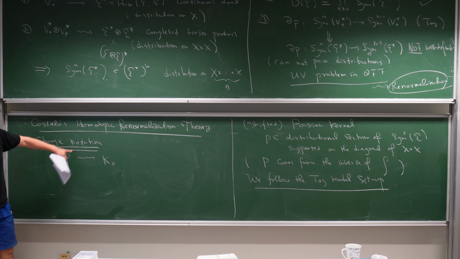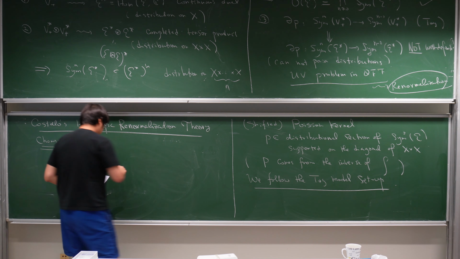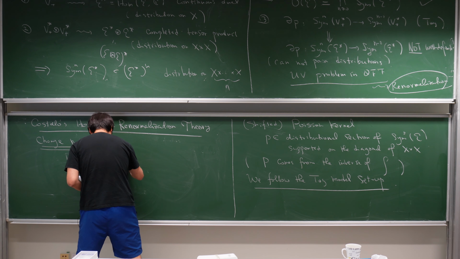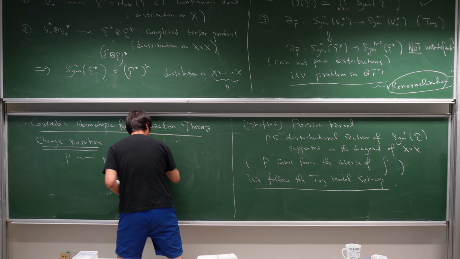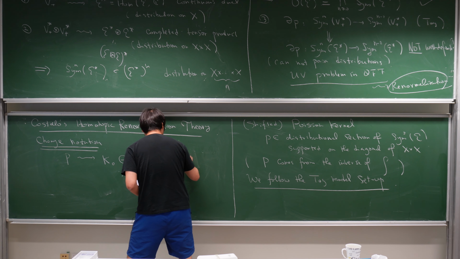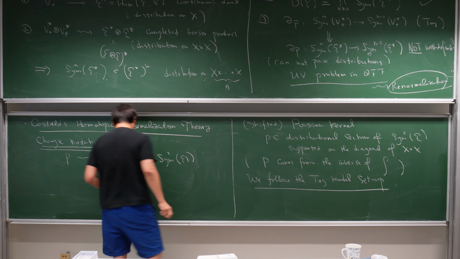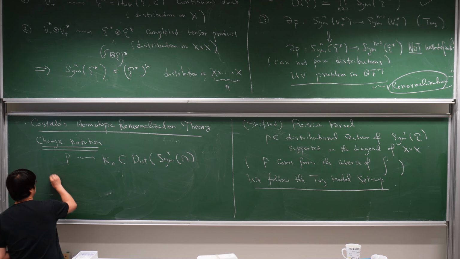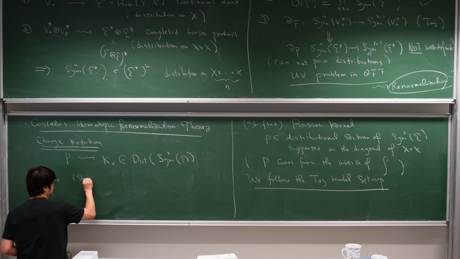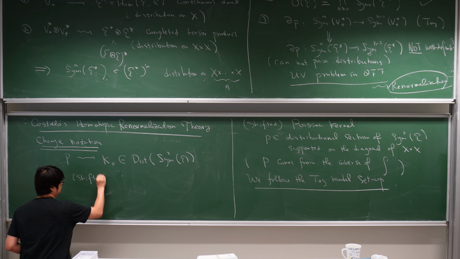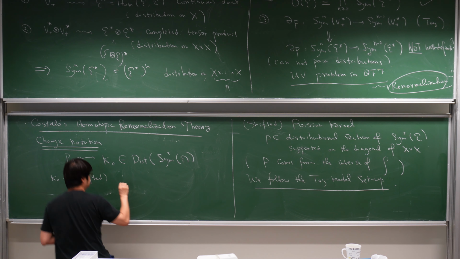I'm going to call the kernel P appearing here K naught, which is an element of a distributional section of this object. And I call this one the shifted Poisson kernel.